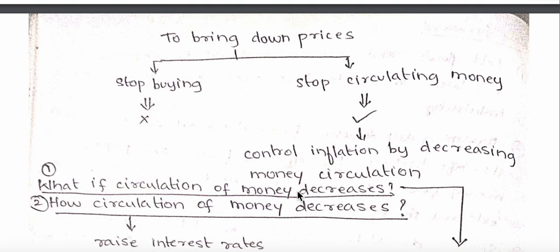In practical terms, at the global level, the circulation of money decreasing implies the demand for money has increased. That means the dollar value is increased. Why am I mentioning only the dollar? At the global level, most countries trade in dollars, so generally the global currency is the dollar.